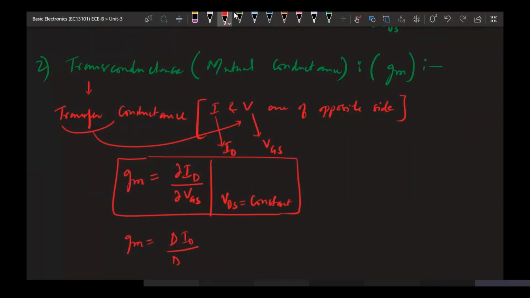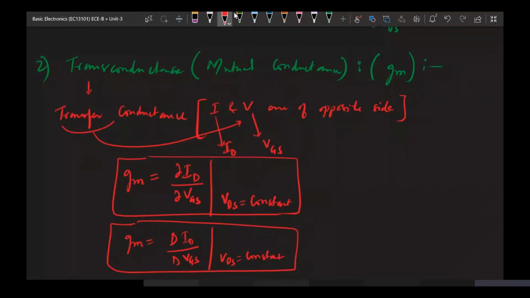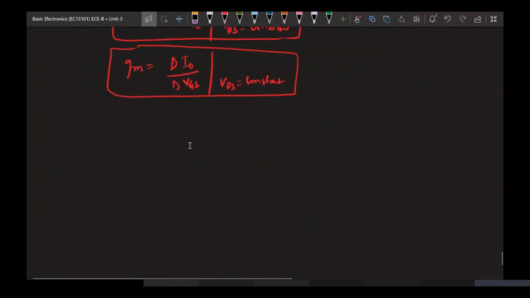GM is defined as change in ID divided by change in VGS, and this is defined for constant VDS. This is how the transconductance is defined. Similarly, we can obtain the transconductance either from the transfer characteristics or from the drain characteristics.